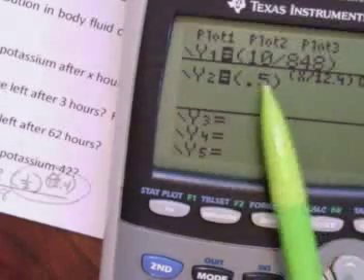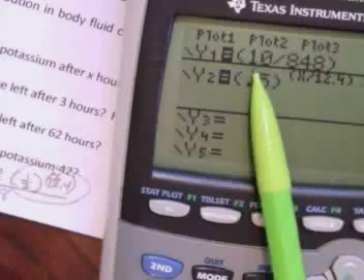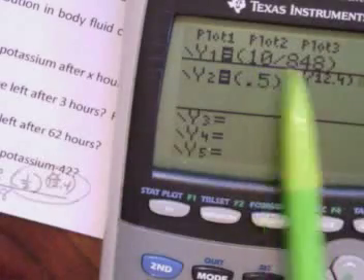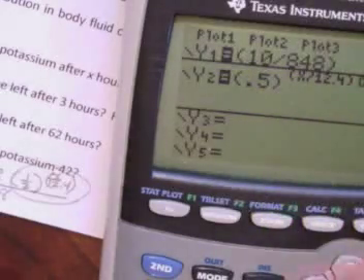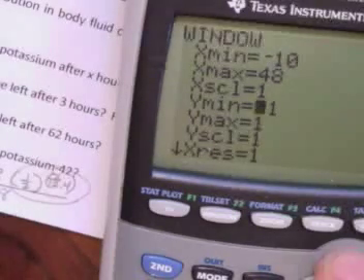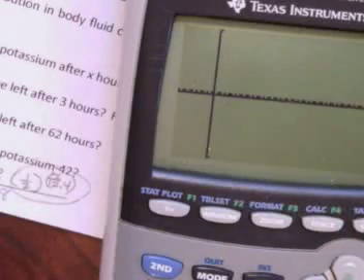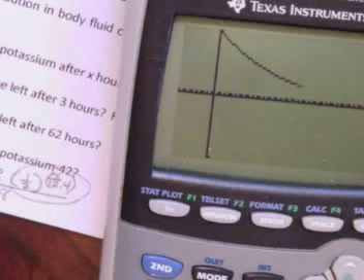And I graph this, and I'm looking at really small numbers here. 10 divided by 848. My numerator is small, my denominator is really big. So I'm going to go to my window, and I'm going to say, maybe this will do. Maybe the -1 and the +1 will work. So let's see what happens, and let's see if I can see enough of my graph to tell what's going on.